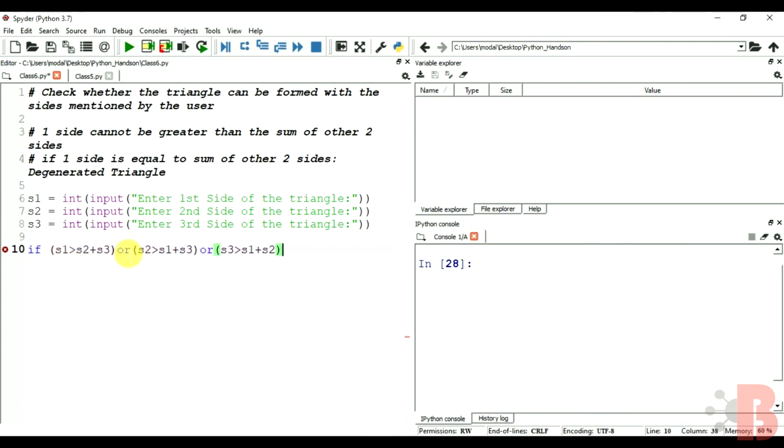If any one of the sides S1 or S2 or S3 is greater than the sum of the other two sides, then print we cannot form a triangle.